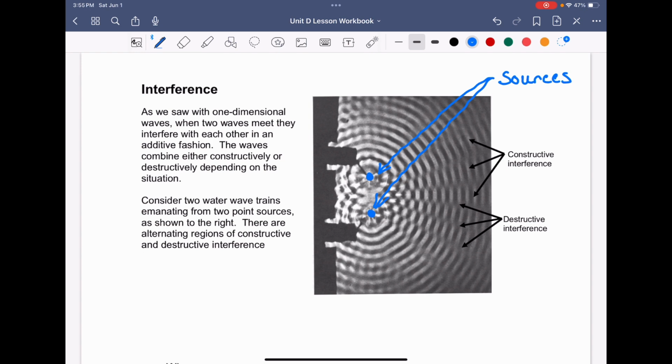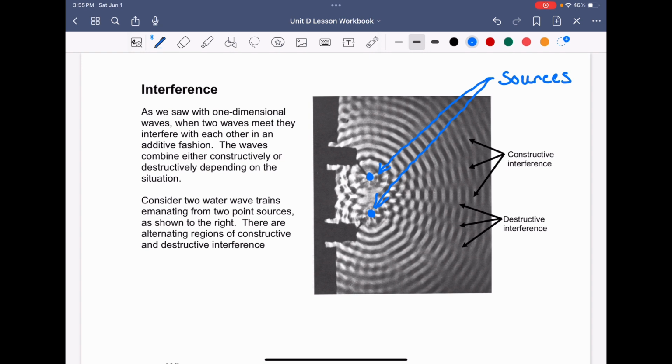Now, again, constructive interference is when you have two amplitudes that are both the same orientation heading towards each other and they constructively build together. Now, that could be in the negative direction, such as building a trough. It could be in the positive direction as building a crest. But we look at it and say there are two waves with the same orientation of amplitude, whether positive or negative, heading towards each other.